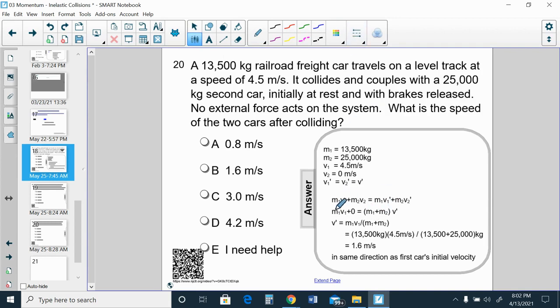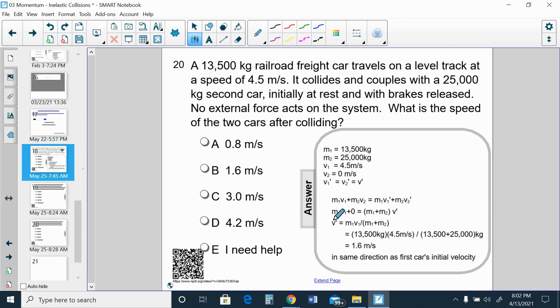So you end up with m1v1 plus 0 is equal to, and since this is a perfectly inelastic collision, the masses basically act as one, they are stuck together, times the velocity. We want to find this velocity of both objects stuck together after.